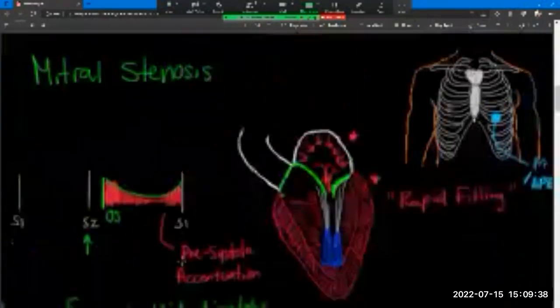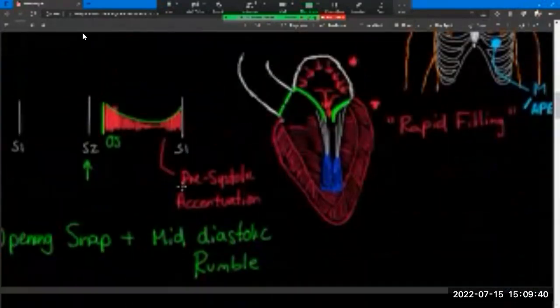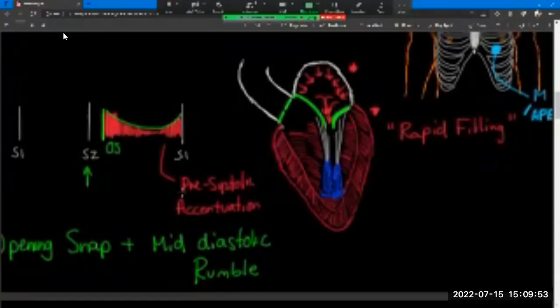We have the mitral stenosis when it can't open too well. So we have a click when it opens because of the rapid filling. We hear the murmur, the rumble. And then the blood goes through the stenosis, which can't open well.